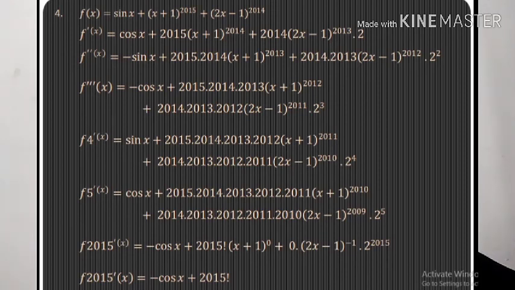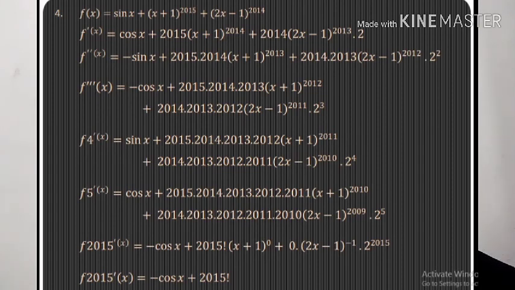Look at the third term, (2x minus 1) to the 2014. For its derivatives, the coefficient starts from 2014 times and so on till 2015 minus the degree of the derivative. Look at the fourth derivative: it starts from 2014 till 2015 minus 4.